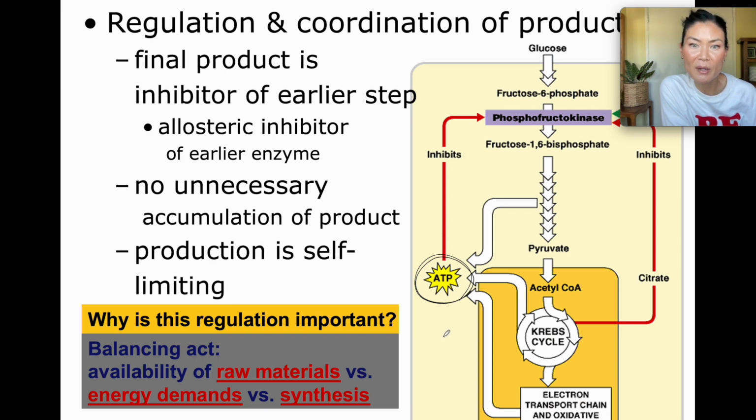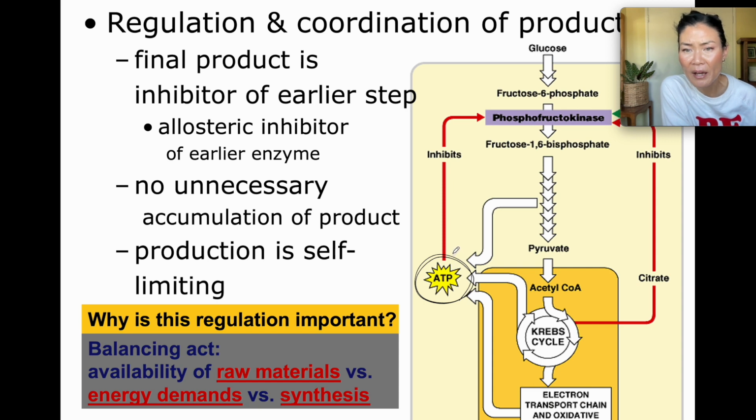They can be stopped by inhibitors. So it's interesting because ATP is an allosteric inhibitor of phosphofructokinase. And so it stops this whole glycolysis process early on so that more ATP is not going to be made.